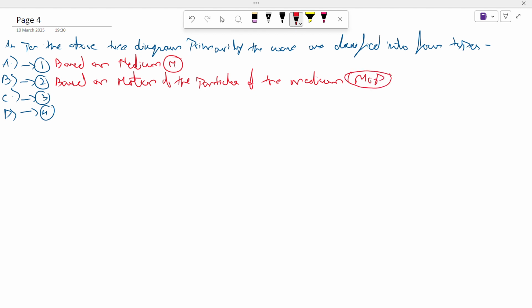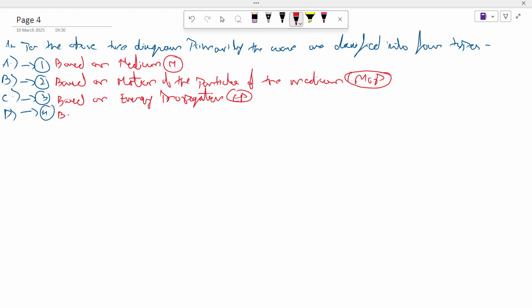The third one is based on energy propagation, that is EP.